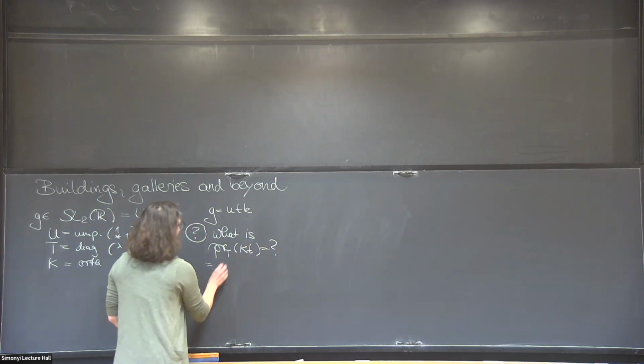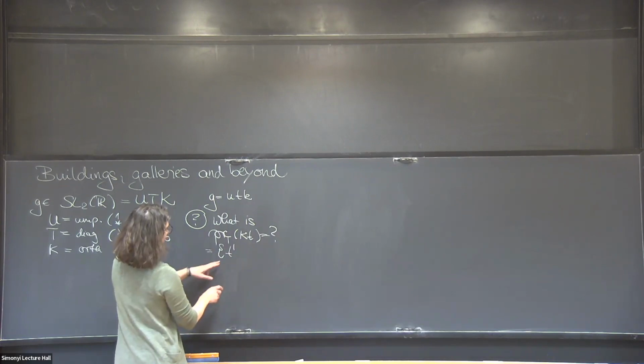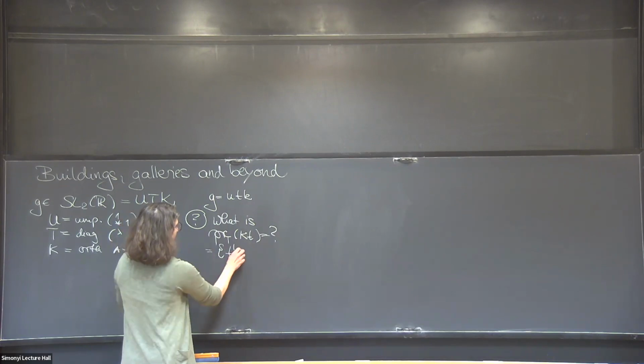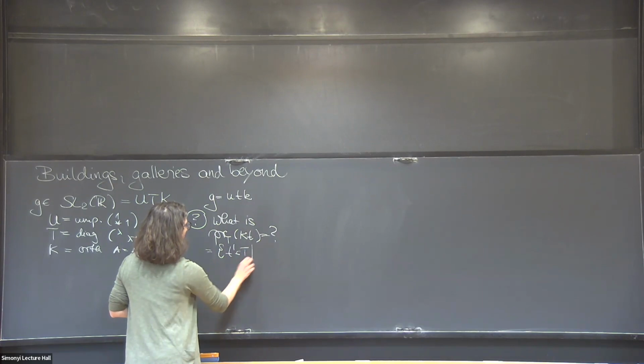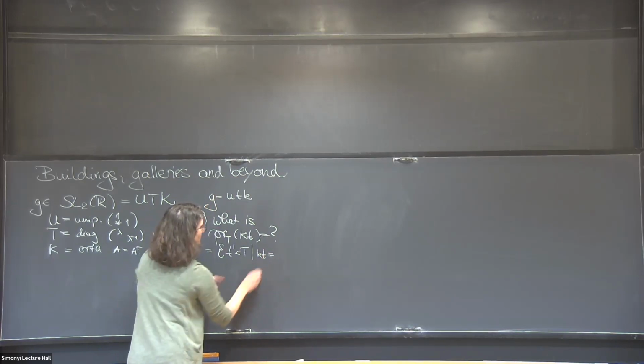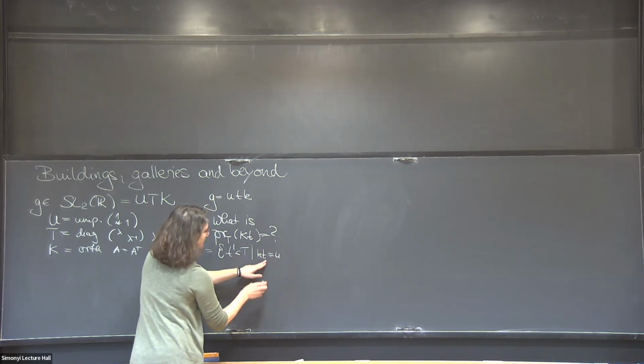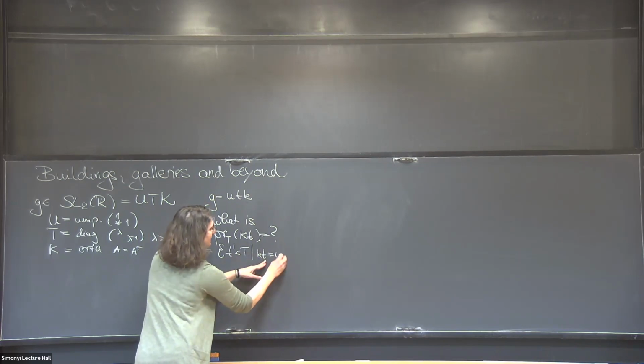And by this, I just mean all the t primes in T that appear as a t where we have multiplied a fixed t by some little k in here.